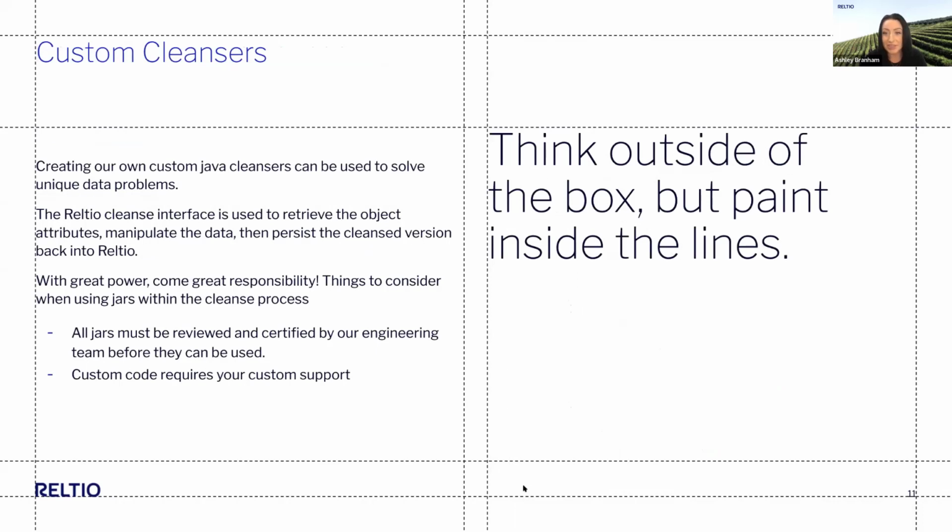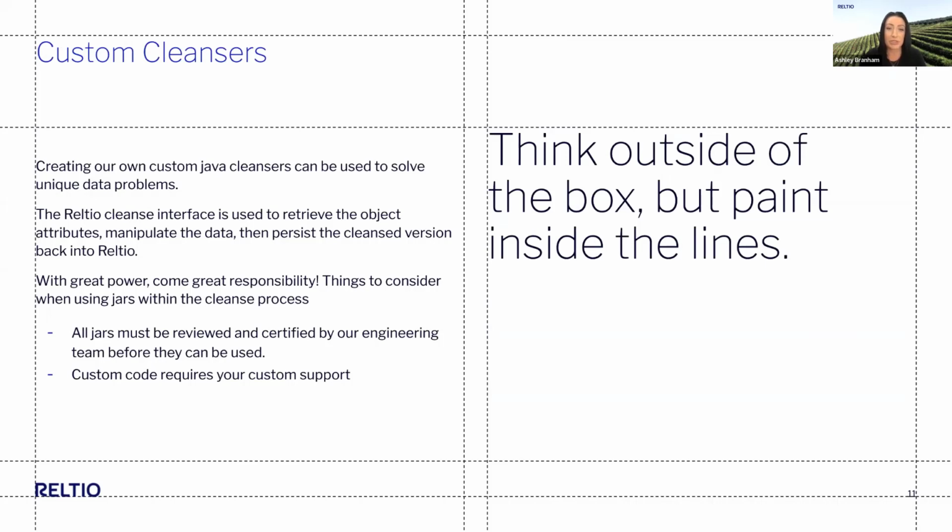So custom cleansers. This is a little bit more of an advanced topic, but we do want you guys to know that that is an option. If none of the available cleansers work for you, we do have the ability to build a custom one within Java. If you're familiar with our LCA processes, we do provide a framework for our cleansing.